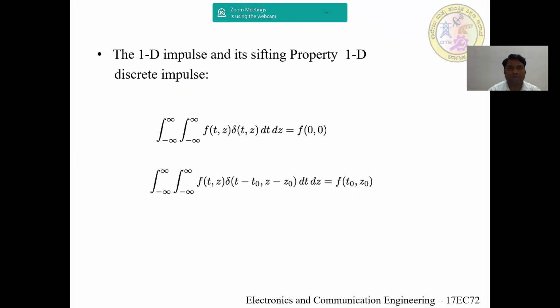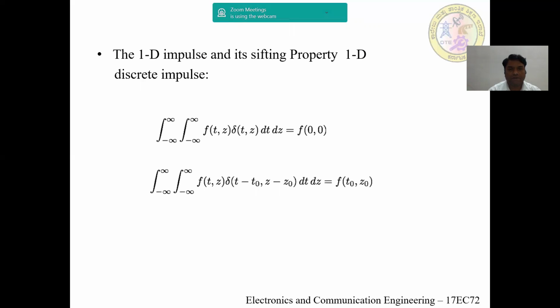The 2D impulse and its shifting property. The double integral of f of t comma z times delta of t comma z dt dz is equal to f of 0 comma 0.